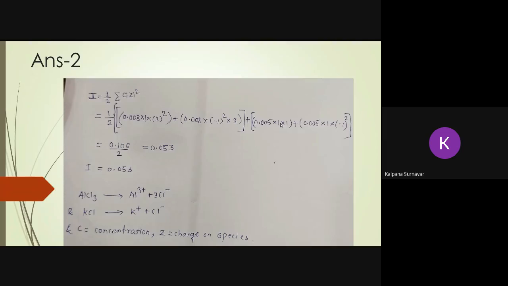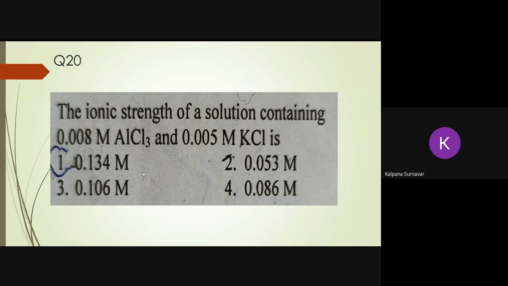The number of K is 1 and the charge is 1, plus the Cl minus concentration is 0.005 and the charge is minus 1, squared, and the number of Cl is 1. After calculating all this, the value of ionic strength comes 0.053, and our answer is option number 2, the correct answer, 0.053 molar.